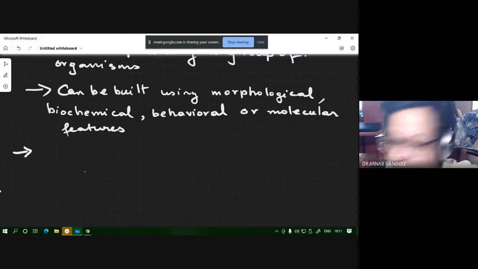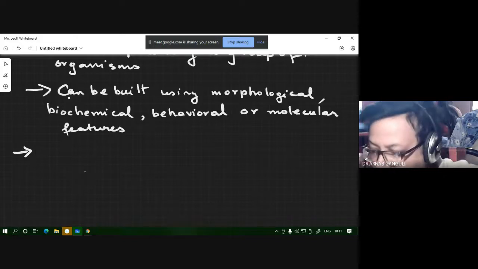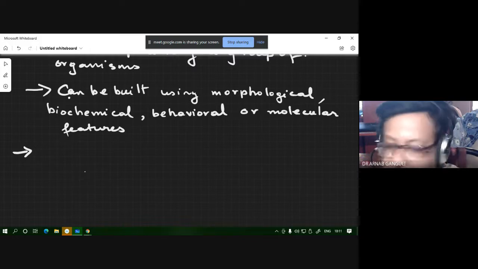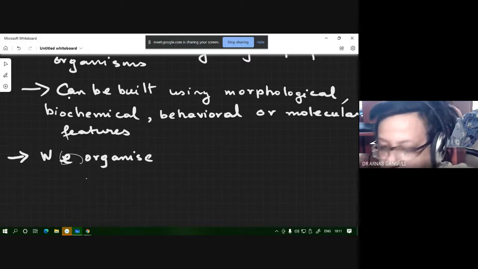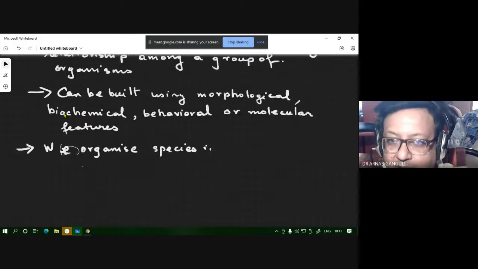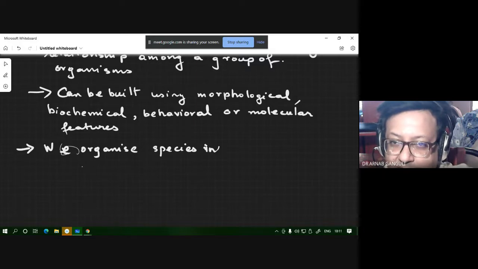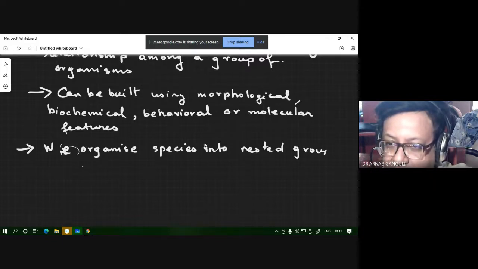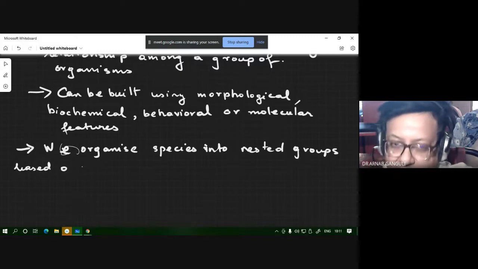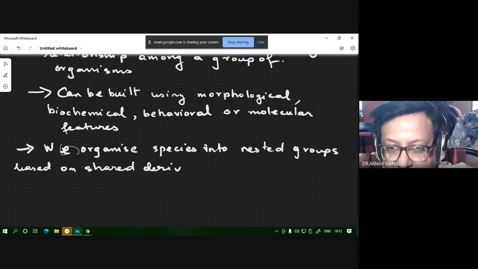So while we are building a tree, we organize species into nested groups based on shared derived traits.